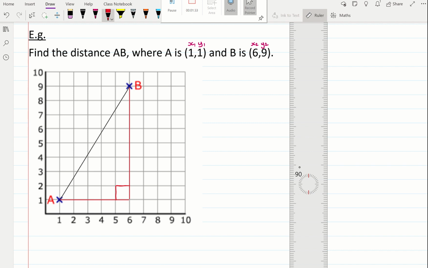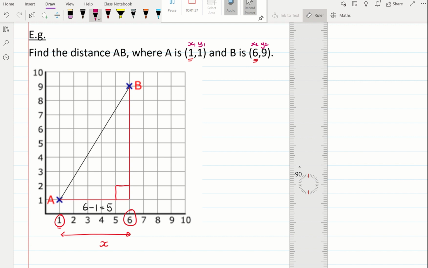So the horizontal or x distance starts from 6, which is this coordinate, and ends at 1, which is that coordinate. So it's really 6 minus 1, which is a distance of 5.